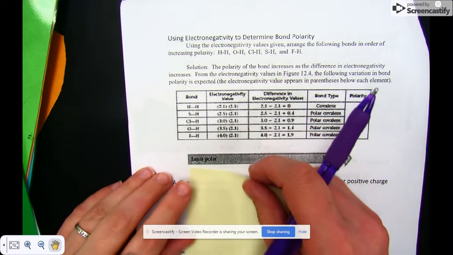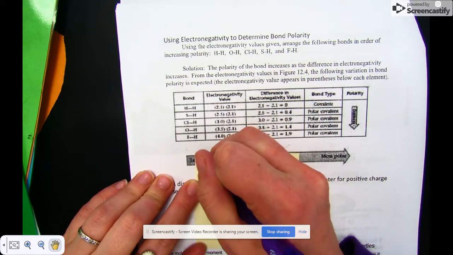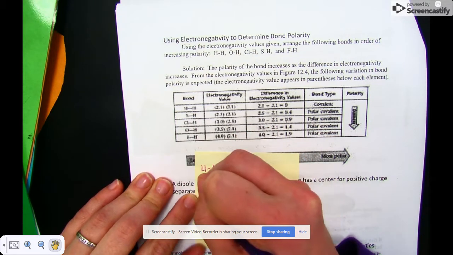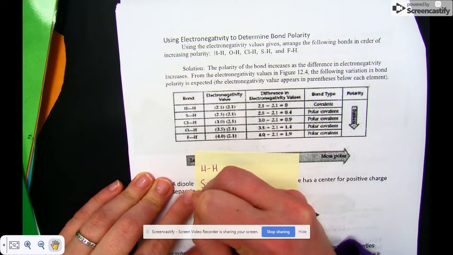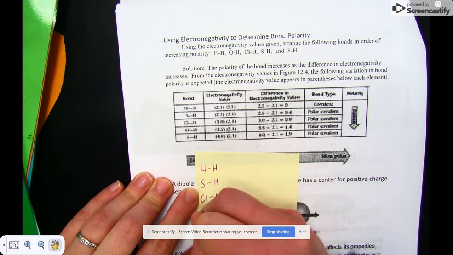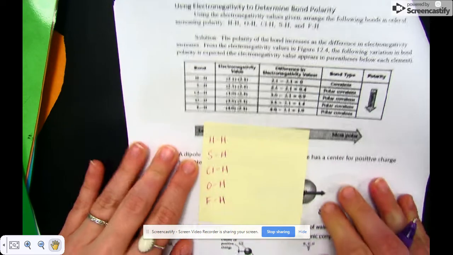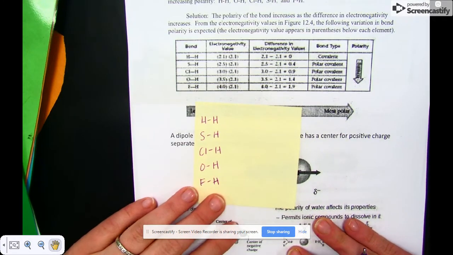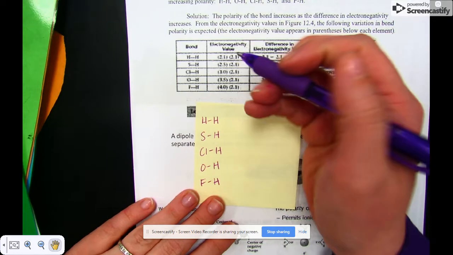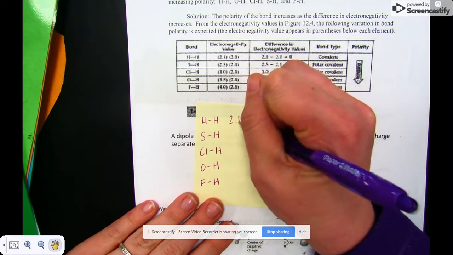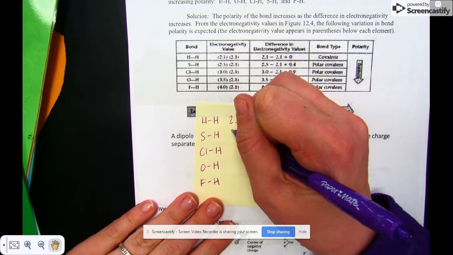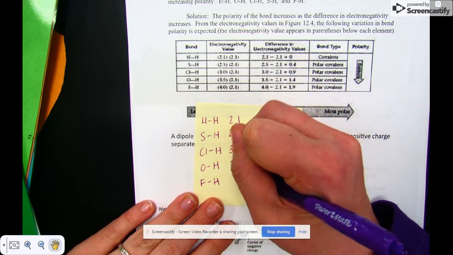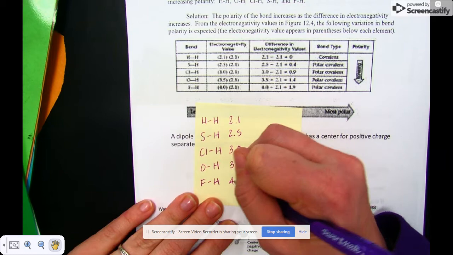What we have here is a hydrogen and a hydrogen, a sulfur and a hydrogen, chlorine and hydrogen, oxygen and hydrogen, and fluorine and hydrogen. So these are all different elements bonded to hydrogen. They give us the electronegativity values: hydrogen's 2.1, sulfur's 2.5, chlorine is 3.0, oxygen's 3.5, fluorine is 4.0.